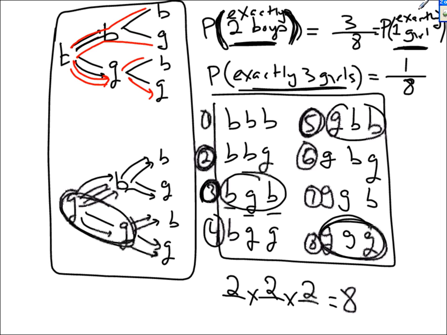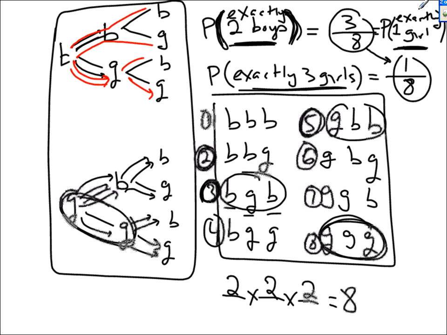What's in those brackets in both of those cases is exactly the same. They both say 2 boys and 1 girl. Exactly 2 boys means 2 boys and a girl. If you have 3 children, exactly 1 girl means you have 1 girl and 2 boys. Okay, so the probability that you have 2 boys is 3 times the probability that you have 3 girls.